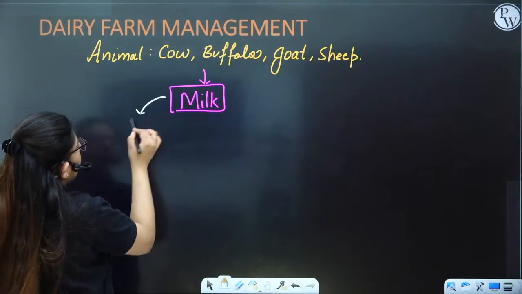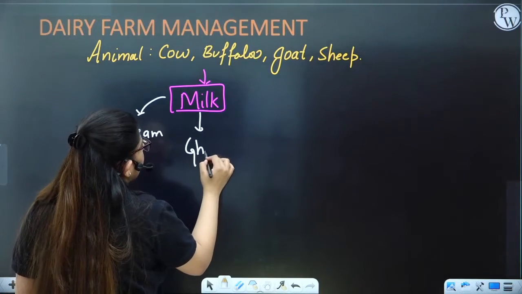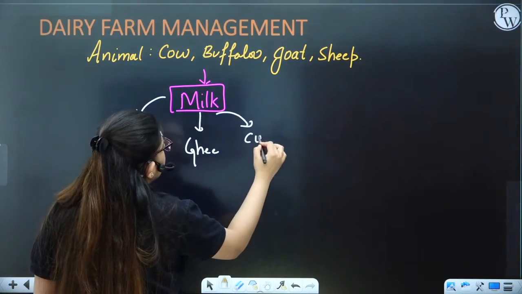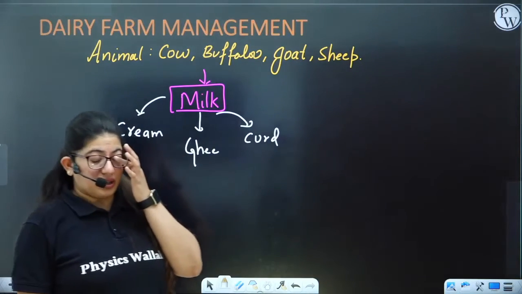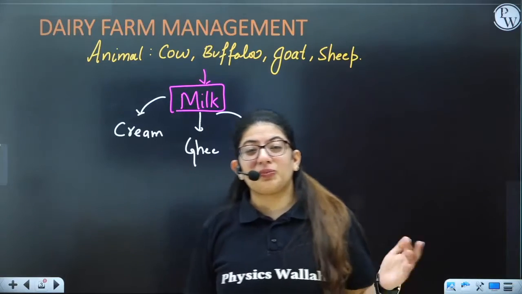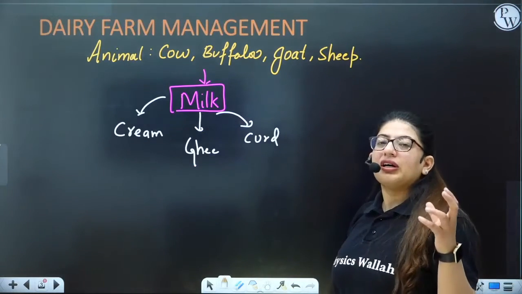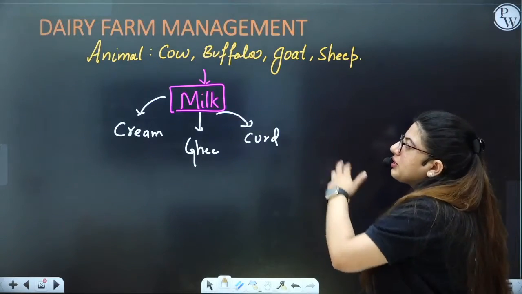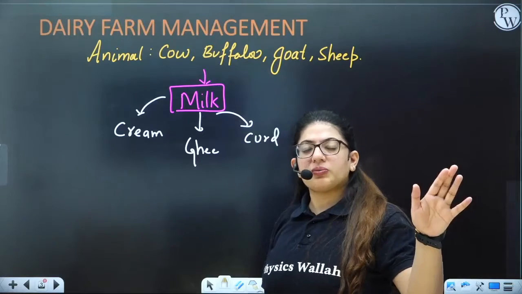For example, you get cream, ghee, curd, and many more things. These are the basic things you can see at your home which are produced from milk. These are the basic necessities for which you are rearing animals like cow, buffalo, goat, and sheep. Also, sheep is responsible for wool.